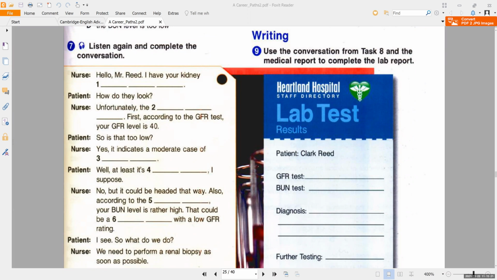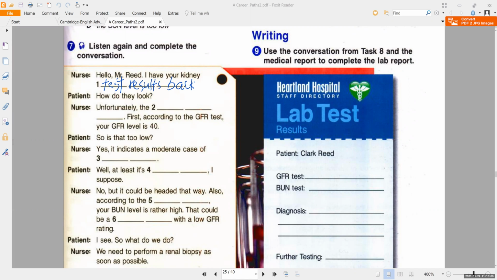Exercises 6 and 7, page 25. Hello, Mr. Reed. I have your kidney test results back. How do they look? Unfortunately, the results are serious.